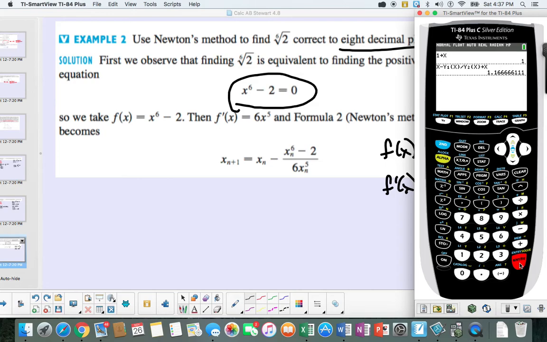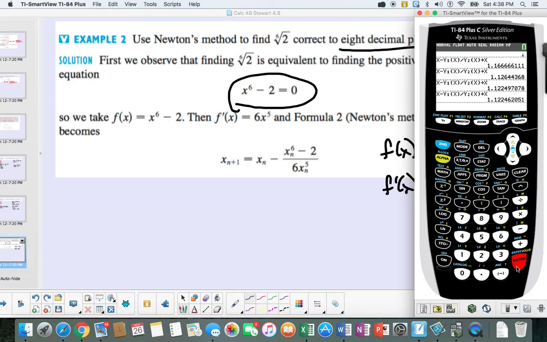And then this number is my next guess, and it's going to feed into the next iteration, so I'm just going to press enter. And then I'm going to press enter again. And again, the new guess is going to be used for my next guess. And I'm looking for 8 decimal places. So I'm looking for when 8 decimal places don't change.